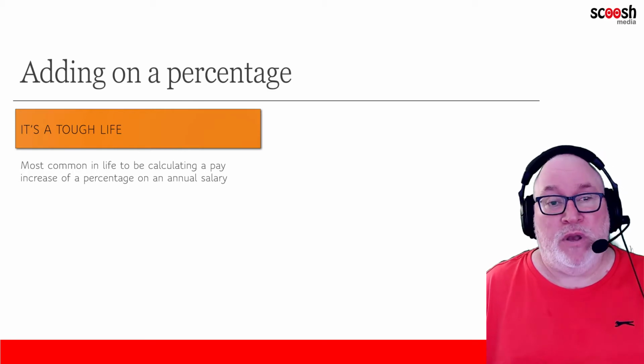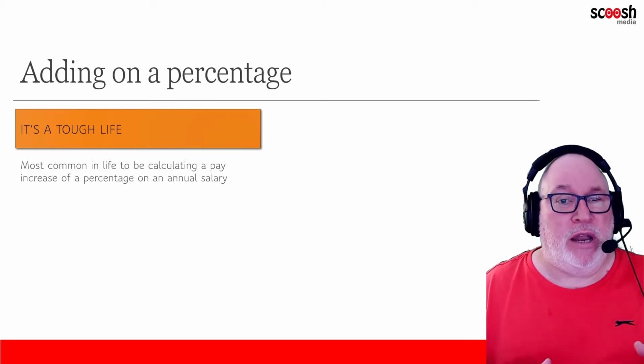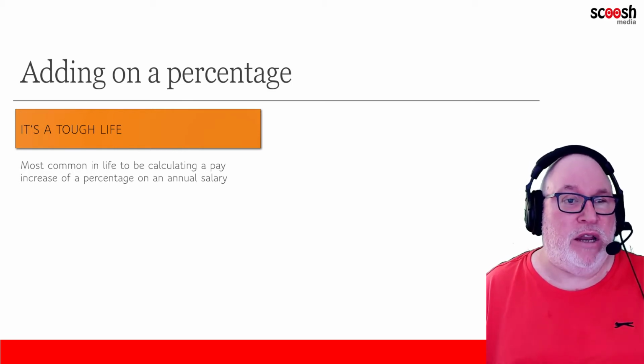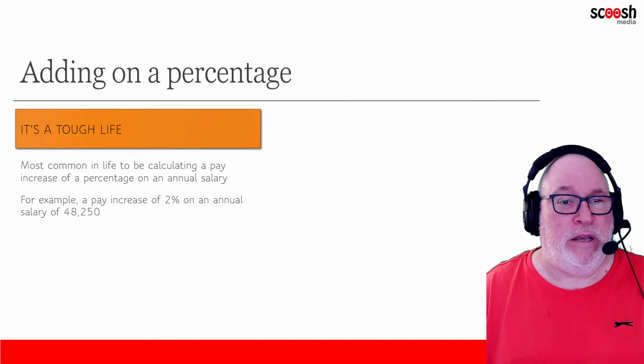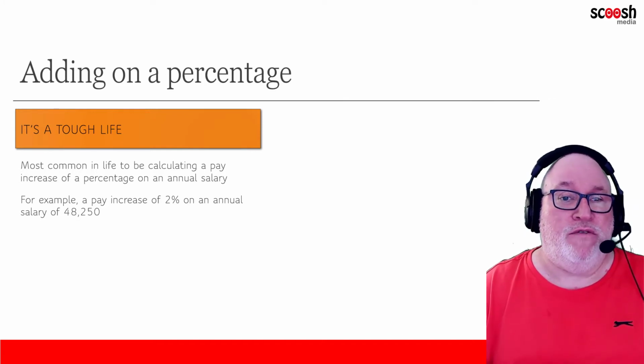So we'd look at pay as a percentage increase on an annual salary. The example that I've given here is somebody on a salary of 48,250. They're a lucky person. They've got a pay rise of 2% on an annual basis.